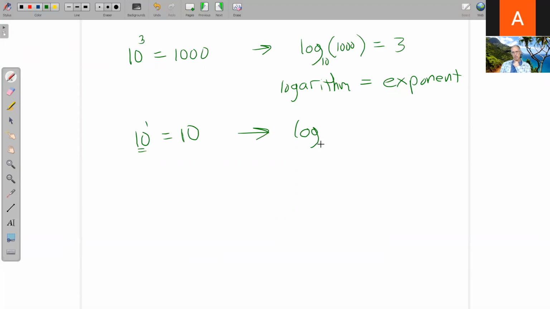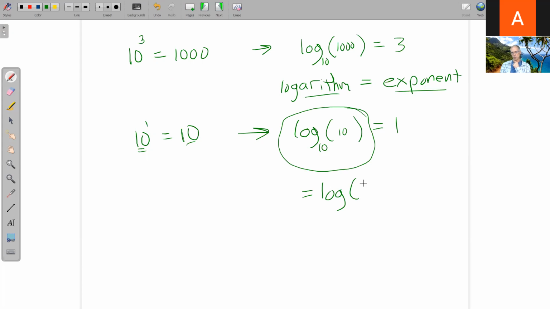This right here is my base of 10, parentheses equals. The exponent has to be on the other side of the equals because a logarithm is an exponent. This other 10 would have to go inside here. So let's ask the calculator, what is log of 10? Now, note on a calculator, it doesn't have that 10 down there. So on a calculator, that means the same thing as log of 10.